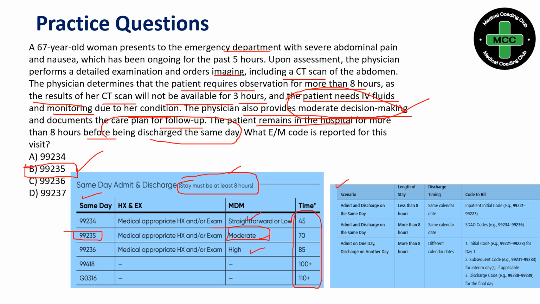You can see this table also. Less than 8 hours means we code the inpatient initial code. More than 8 hours means we code same day admit and discharge. And admit on one day, discharge on another day, then we have to code the initial code, subsequent code, and also the discharge code. So I have tried to cover both the IP and IP observation guideline and the same day admit and discharge guideline.